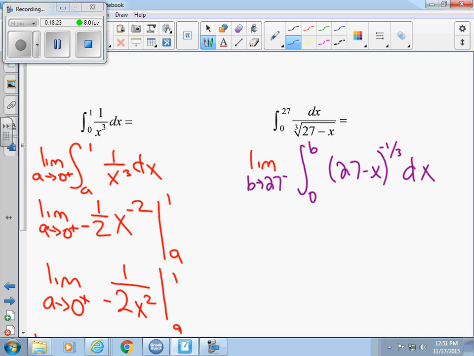I have 27 minus x as my thing under the cube root. That's a lot to think about in your head. What's going to happen with that 27 minus x? I can do it without a u substitution, but based on my experience grading your papers, I would use one. But some of you can get away with it. Some of you, after that discussion, already know the answer because you thought about it.